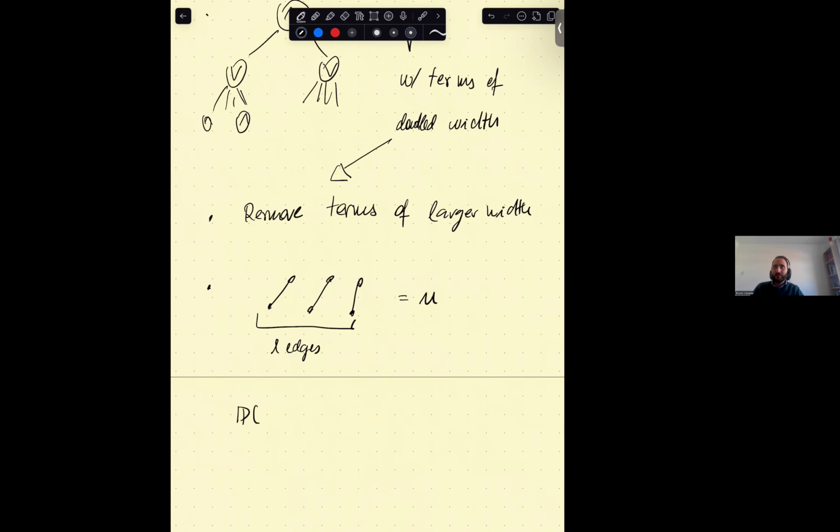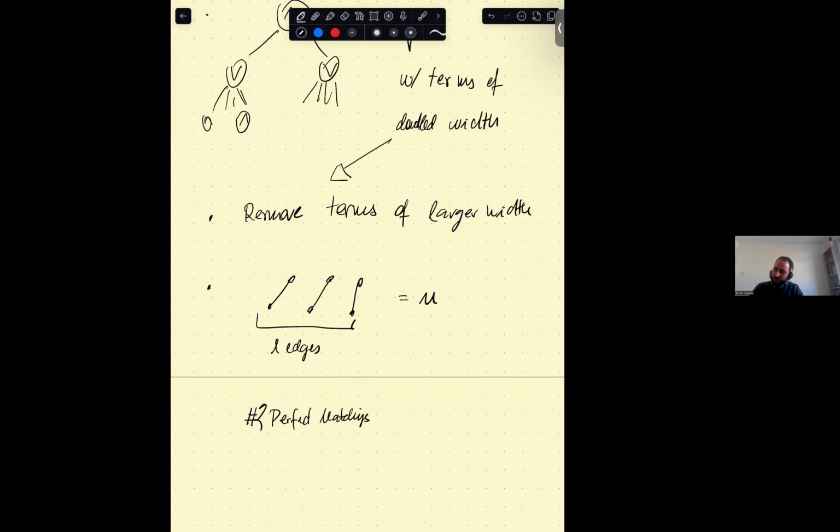It is the number of perfect matchings P such that M is contained in P, over the total number of perfect matchings.